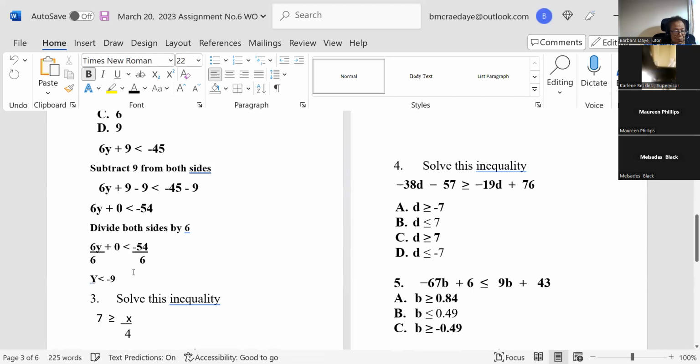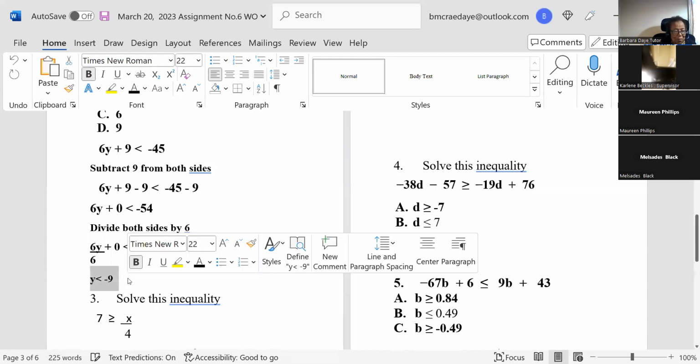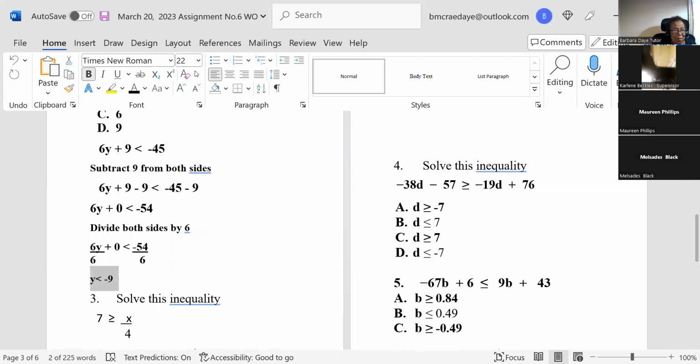Mercedes, you okay? Yes, Miss Barbara. When she reached the 54, I figured, oh, that must be division, because I look at the answers and say, oh, the answers are all small. Well, 6y is a multiplication, so you have to divide out that 6, right?